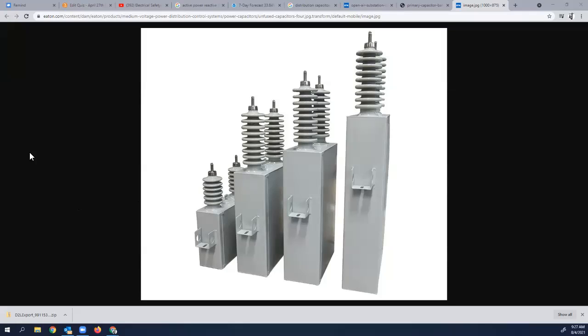That looks like a 100, 200, 300, 400. And when I say 100 on the left-hand side, that rating is in kVARs, K-V-A-R-S, kVAR, small s. Kilovolt amp reactive.